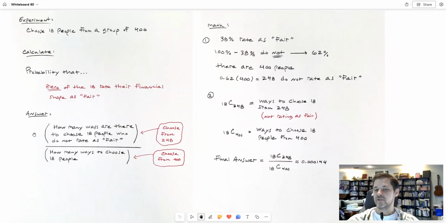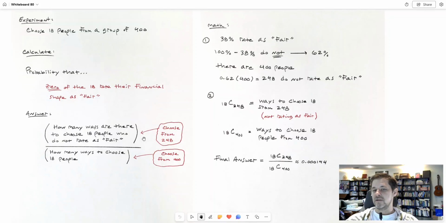Now, about the choosing. We've got this big group of people and we're going to pick 18 who don't rate their financial shape as fair. How do we count up the number of ways there are to choose a certain number from a group? It's with combinations. That's what the symbol C means. That's been discussed in other problems that have come up in this lesson.